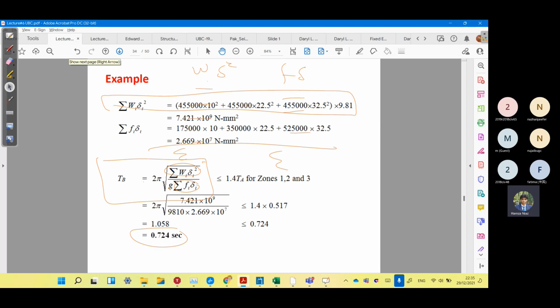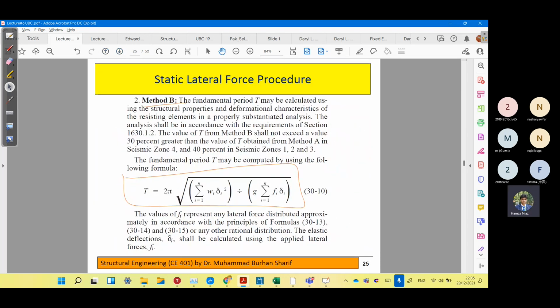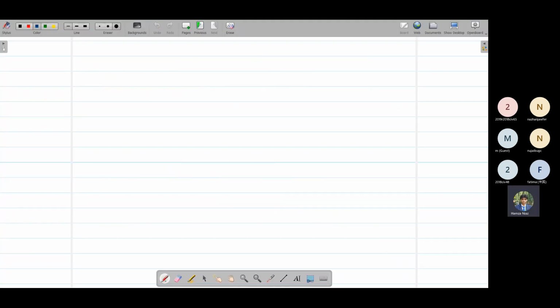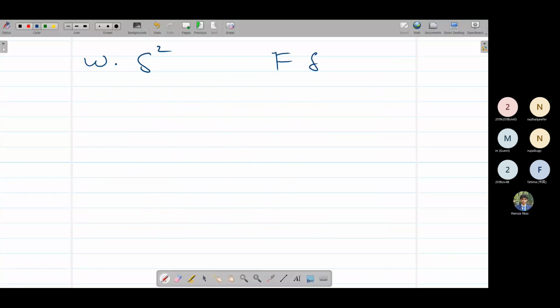The formula was this one. We need two terms: omega into delta square and F into delta. Omega is the load or the weight. We can make a column of omega into delta square and another column of F into delta, for story 3, story 2, and story 1.